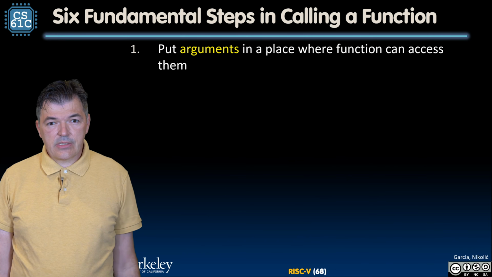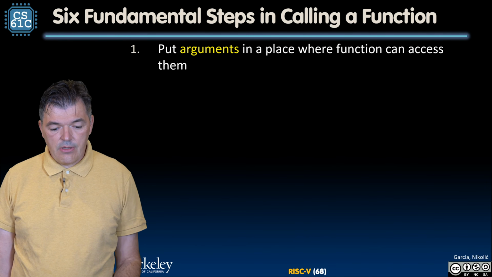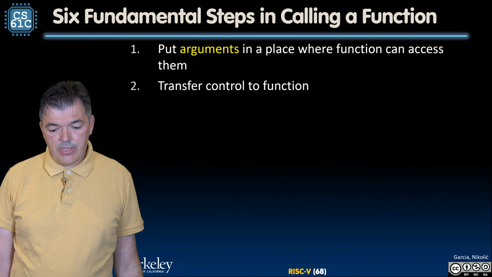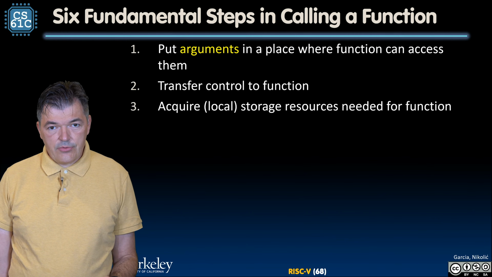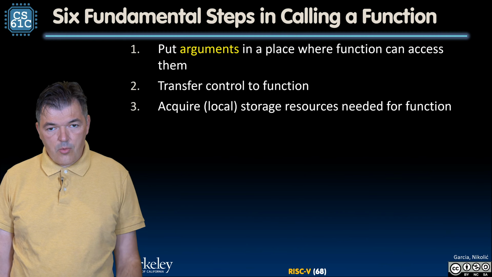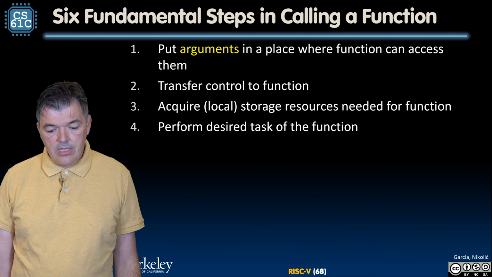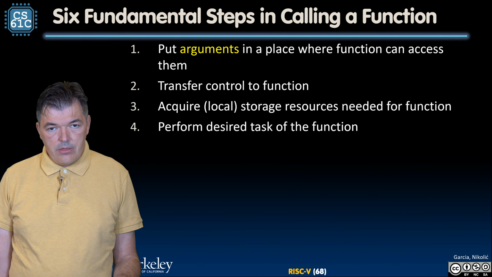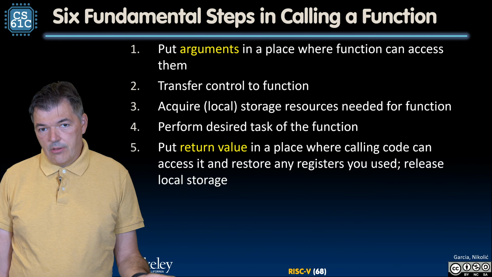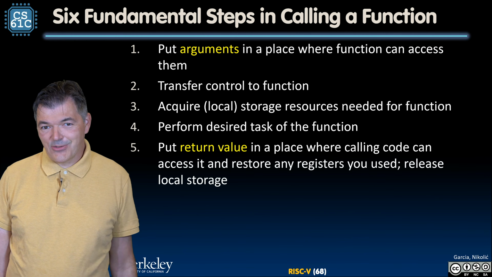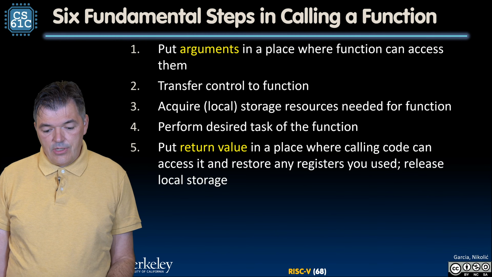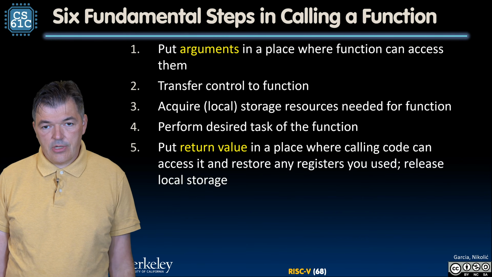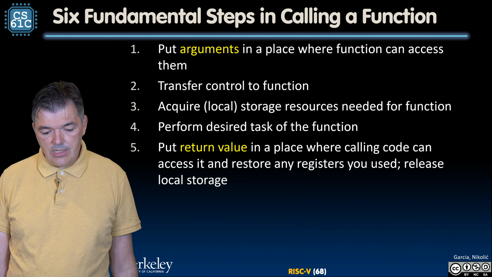There are 6 fundamental steps in calling a function. The first step, put arguments in place where the function can access them. 2, transfer control to the function. 3, acquire local storage resources needed for the function. 4, perform the function or the tasks associated with it. 5, put the return value in place where the calling code can find it and restore any registers to their previous state.